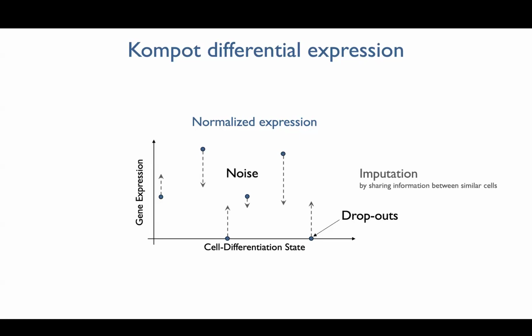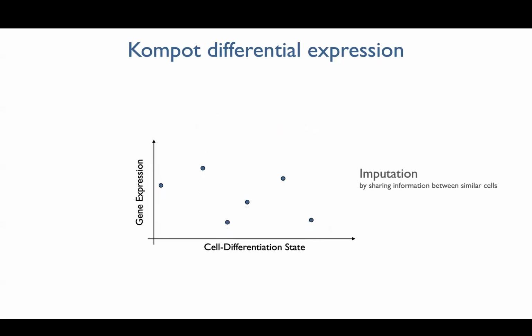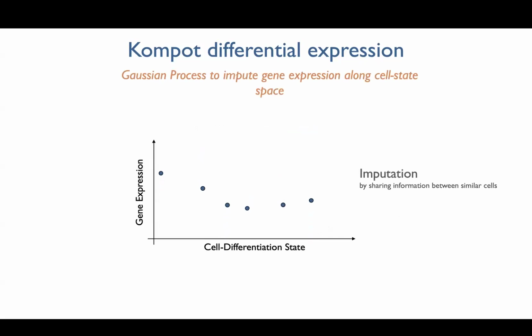We can impute, right? So what we do is essentially fit a Gaussian process that fits a smooth function, assuming that things are changing smoothly. That's an assumption we make, and I feel confident about that. We share information between cells, and therefore we can get a smooth imputation across them. And the cool thing is we can do it separately for each condition, right?